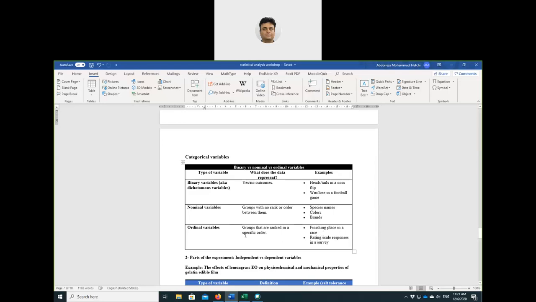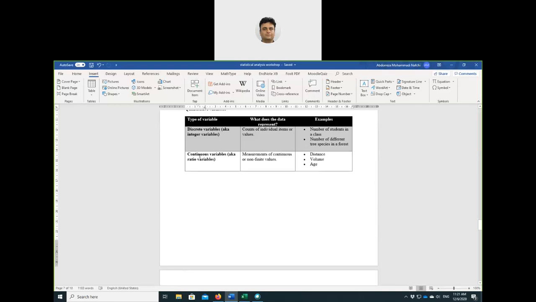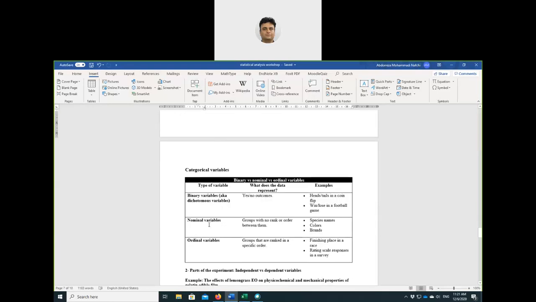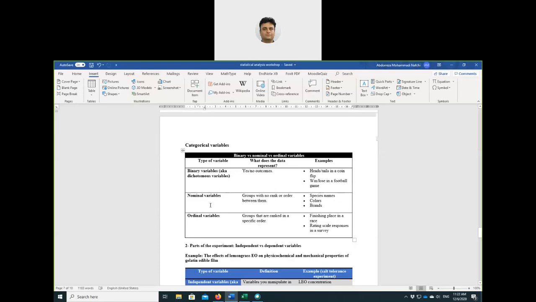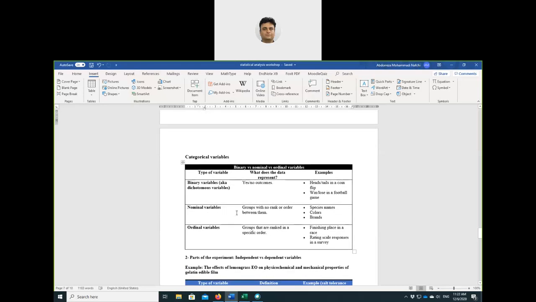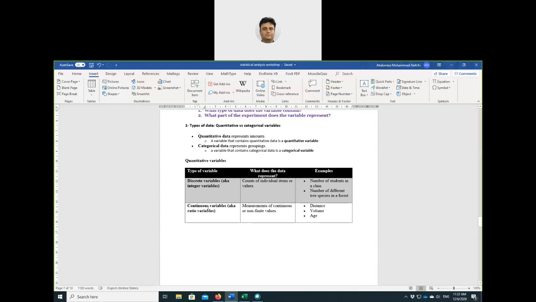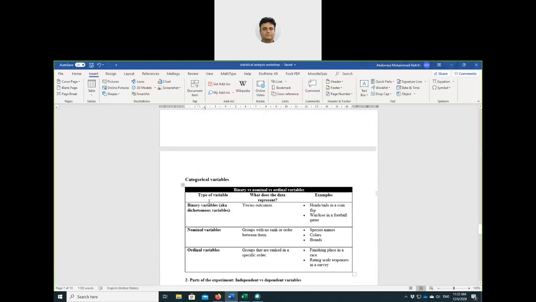But in food technology, mostly we have nominal variables in categorical, and we measure continuous variables. Ordinal and binary mostly come in social science or other sciences. But in food, mostly we have nominal variables in categorical and continuous variables in quantitative.